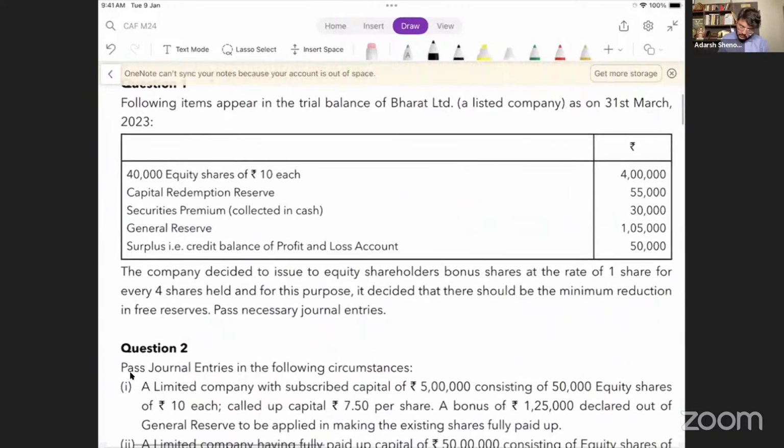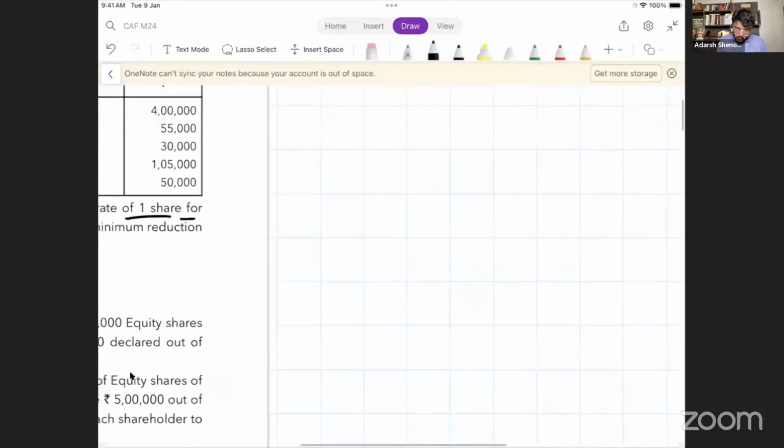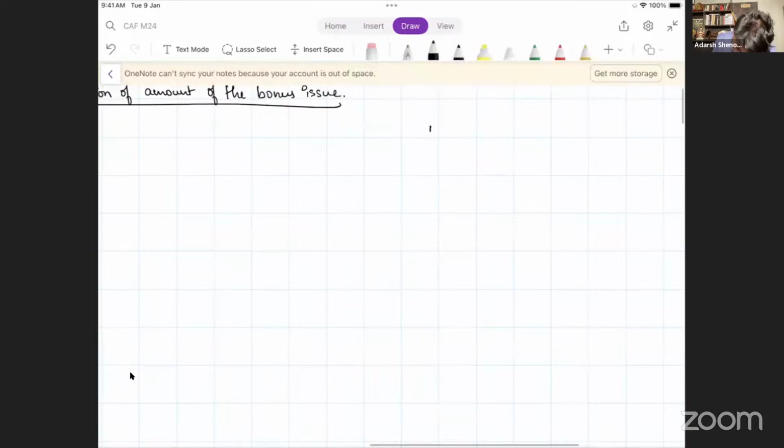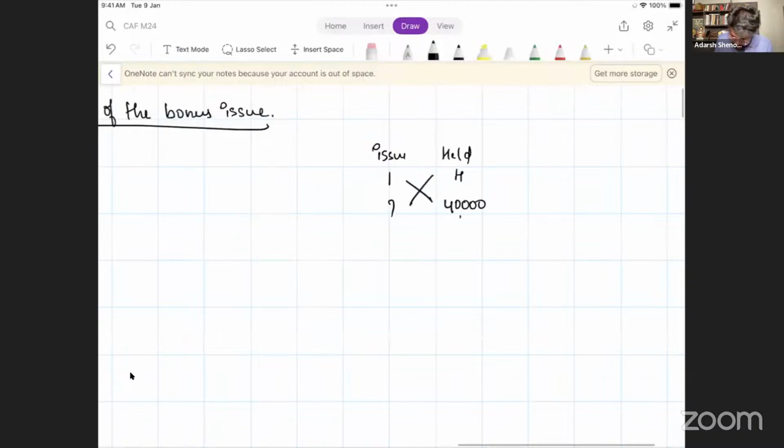Now let's look at the question and see how many bonus shares I am going to issue. There are 40,000 equity shares right now. The company has decided to issue bonus shares at the rate of 1 share for every 4 held. So issue 1 for 4 held. How many shares are being held? 40,000, right? So cross multiplication: 40,000 into 1 divided by 4.